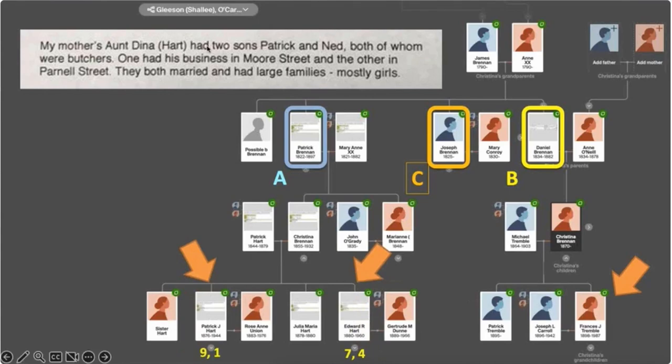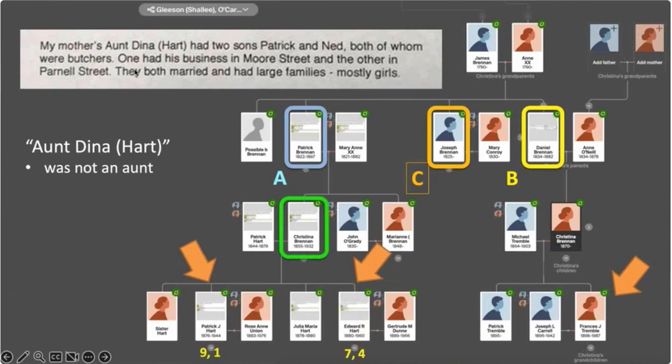So everything in this was correct, except for the bit about my mother's Aunt Dina part. Aunt Dina would have been this person here, Christina Brennan, who incidentally had the same name, Christina Brennan, as this person over here. But this Aunt Dina was born in 1855, and her first cousin was born in 1870.